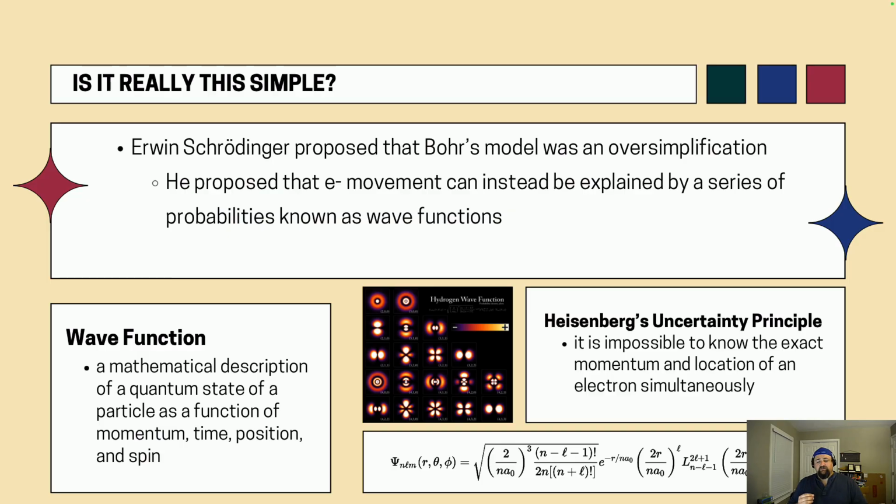And so the idea is that if we look at its speed and where it's going, we influence its position. And if we look at its position, we influence its speed and where it's going, because these particles are so small. So in it, there's some uncertainty about electrons in general.